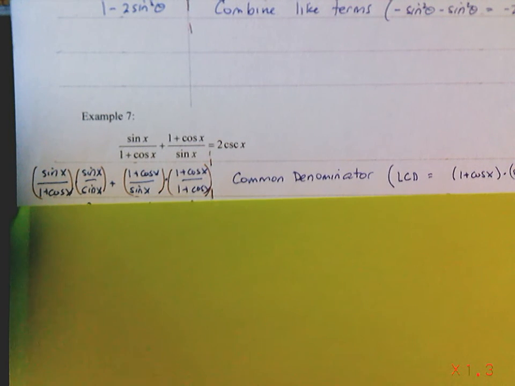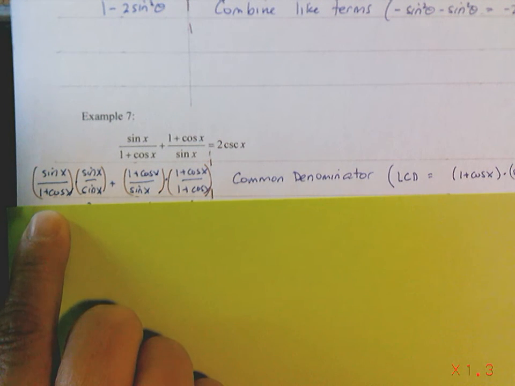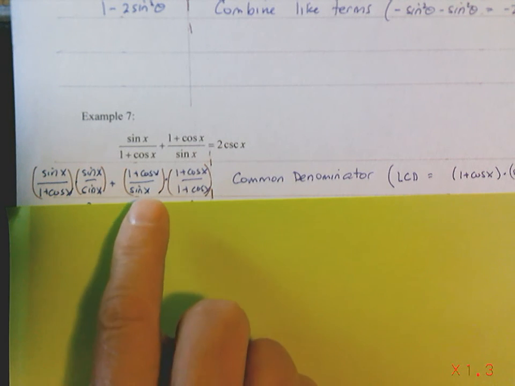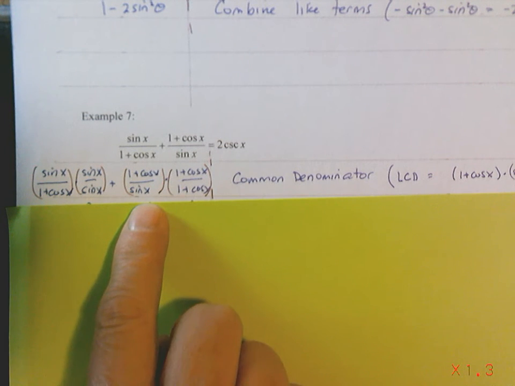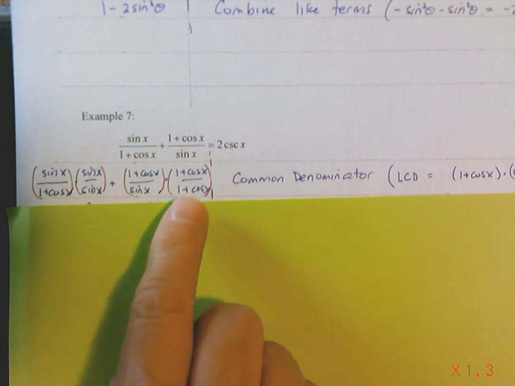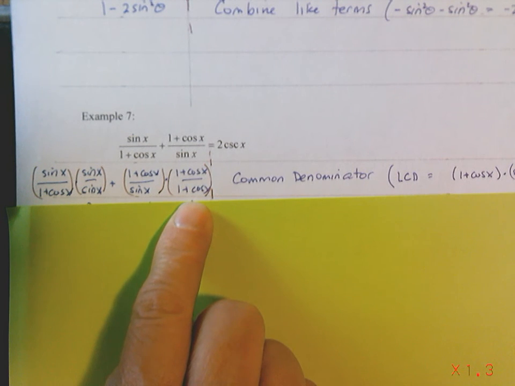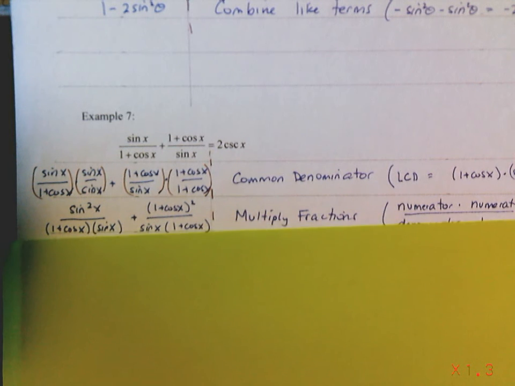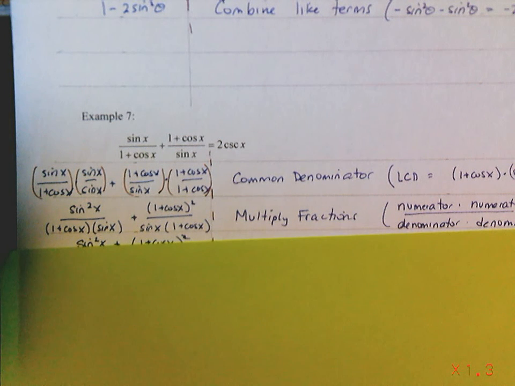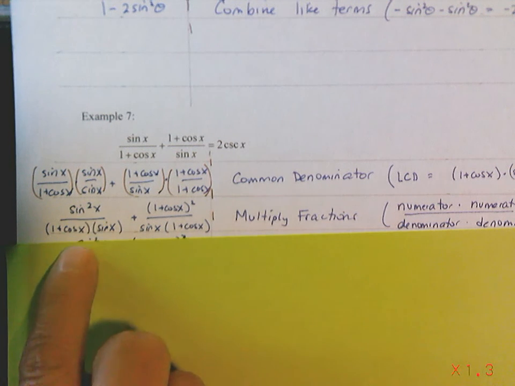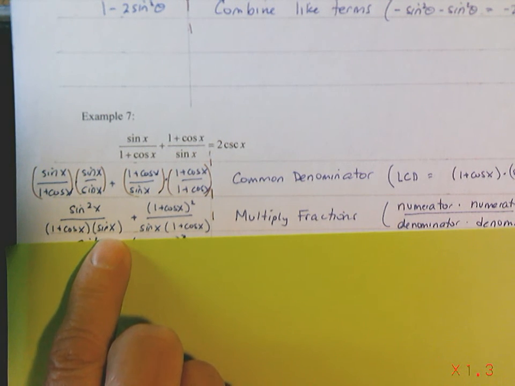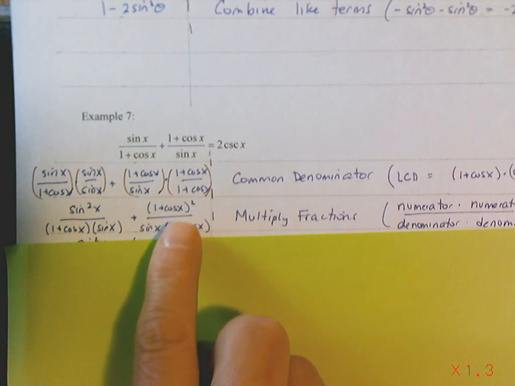My first fraction, sine x over 1 plus cosine x, I'm going to multiply by sine x over sine x. My second fraction, 1 plus cosine x over sine x, I'm going to multiply by 1 plus cosine x over 1 plus cosine x. And then when I multiply, numerator times numerator gives me sine squared x. My denominator I'm not going to multiply together, and you'll see why in a minute.